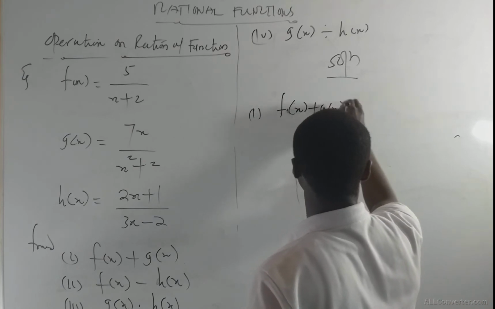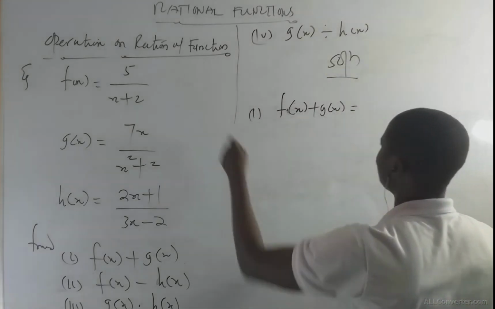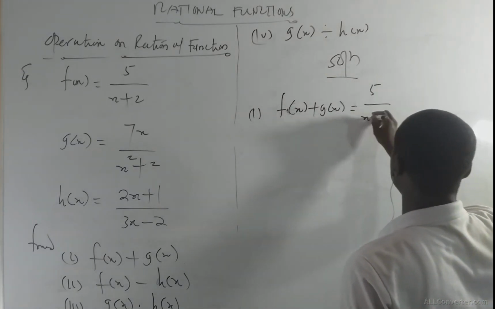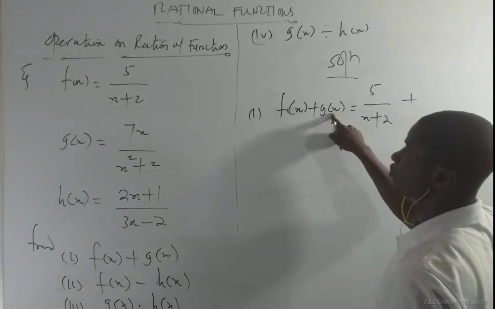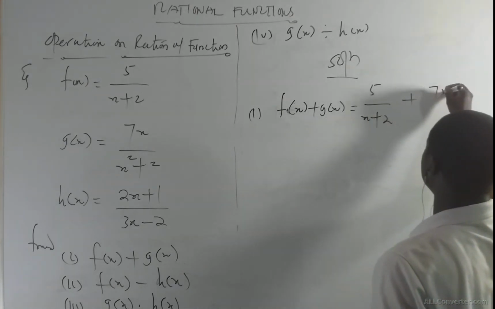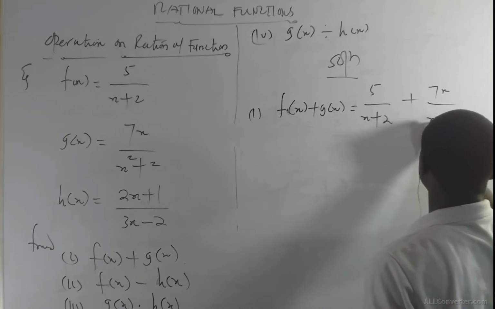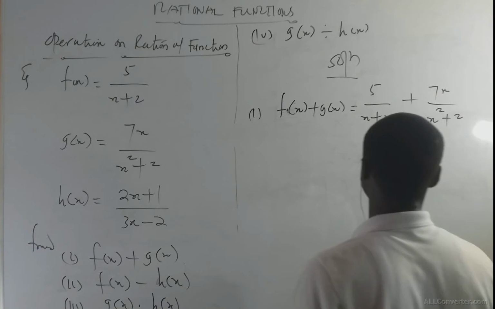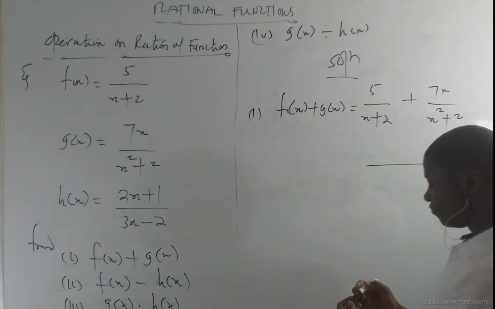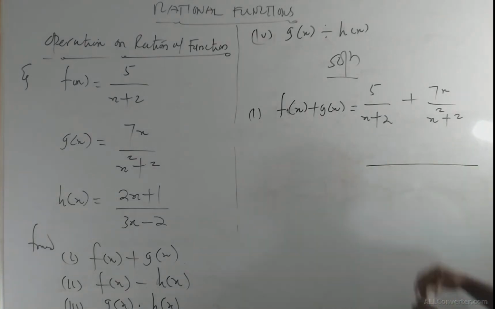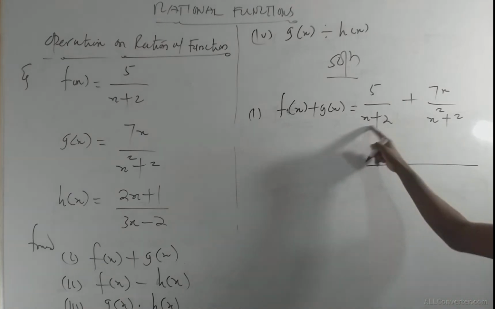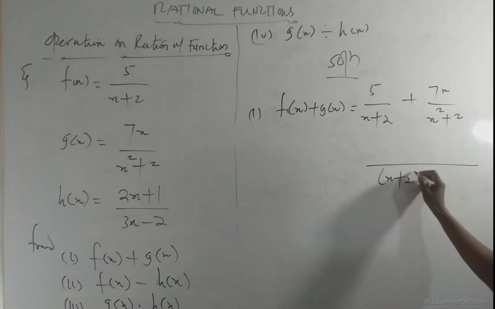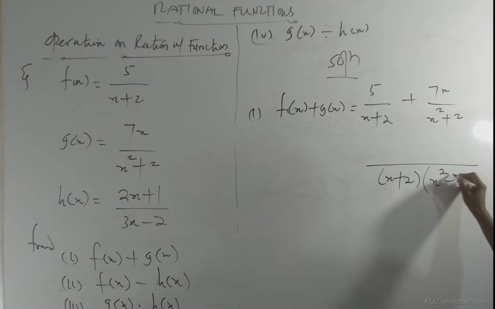Now the f of x function is 5 over x plus 2, plus, because we are adding, g of x, that is 7x over x squared plus 2. So when we are adding two rational functions, what we do is we try to find the LCM, or the common denominator. Now this is going to be x plus 2, and this is x squared plus 2.